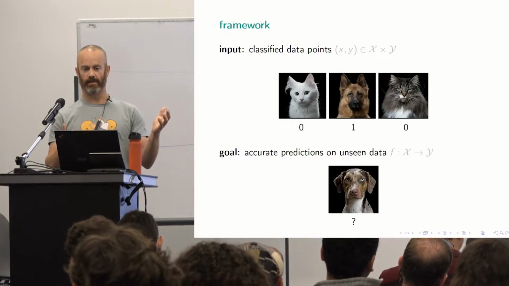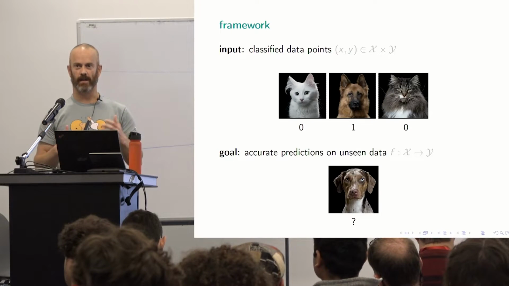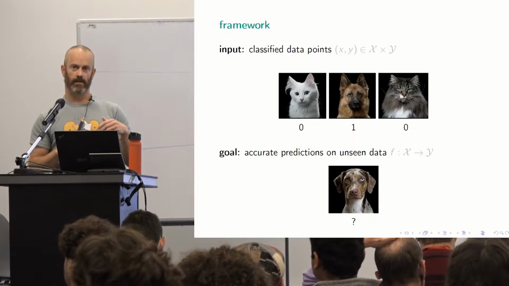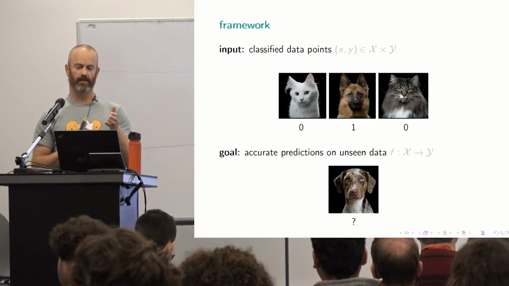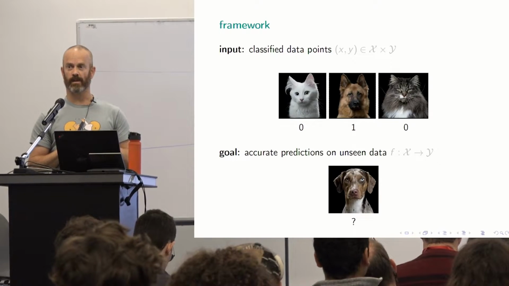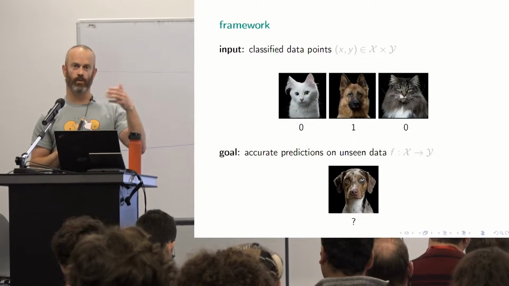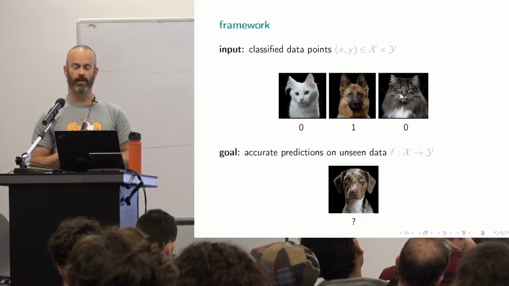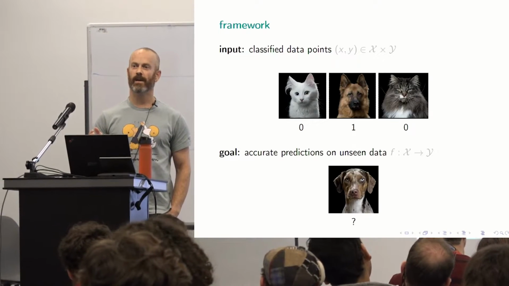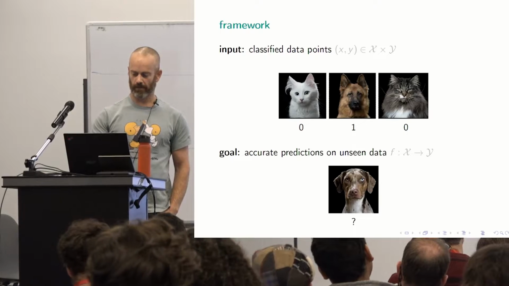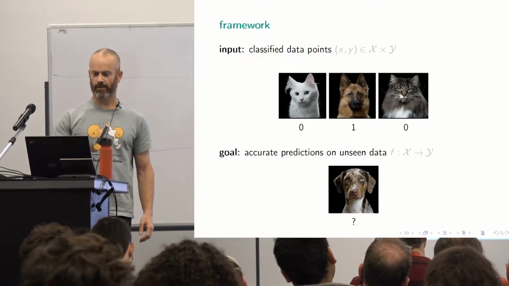So these are the data points we are going to get. And what we want to output as a learning algorithm is predictions on data we did not see so far. And in this talk, the way to model it is to find a function that maps every picture to its label. So the output will be some function of this sort. Is it okay? Good. So this is just an introduction of symbols.